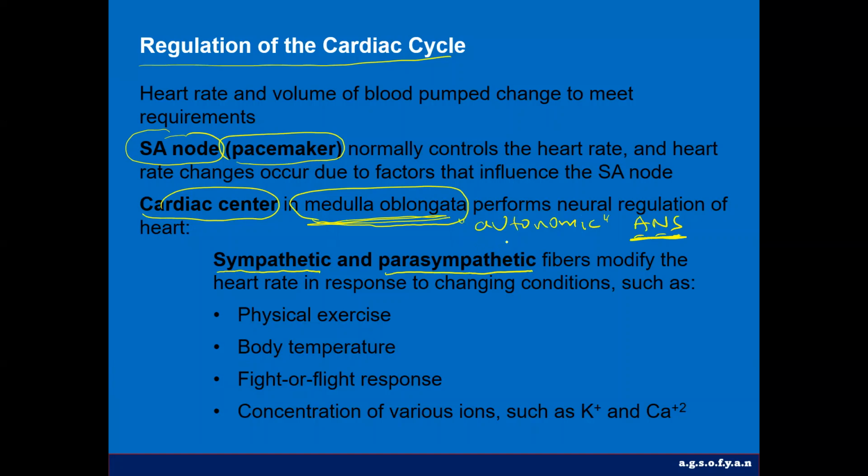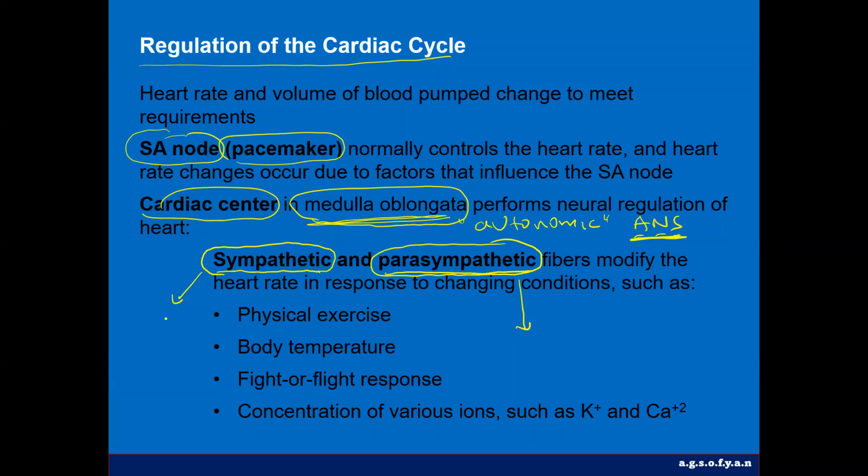Normally, we are under parasympathetic control. So this is when our heart beating is relaxed, slower. But when we get, for example, angry or scared, then we are under sympathetic control.